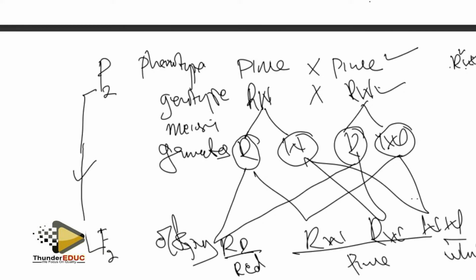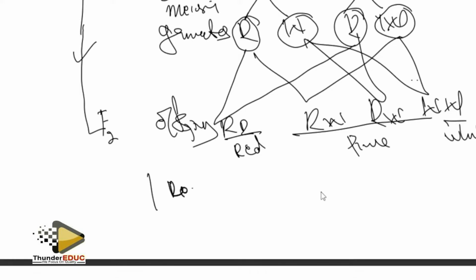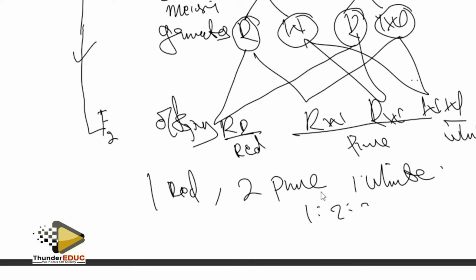Meaning that I will have one red, 2 pink, and then 1 white. There is a mistake where students, when they ask you the ratio, in this case you write 1 to 2 to 1.